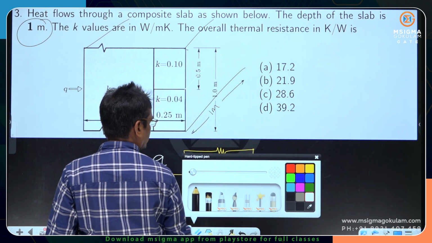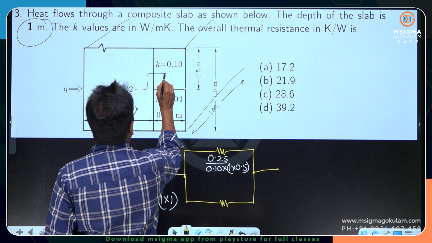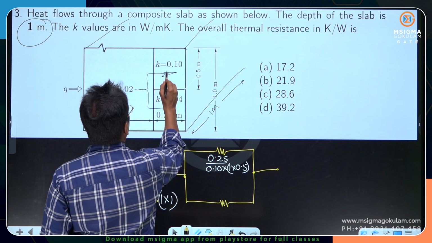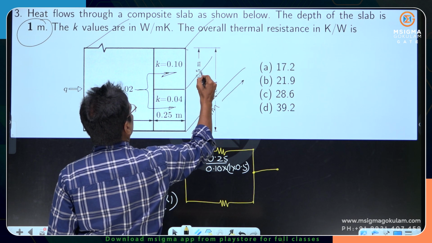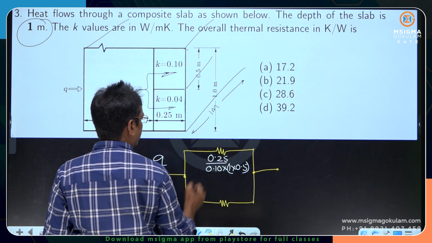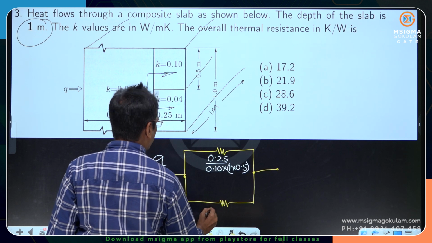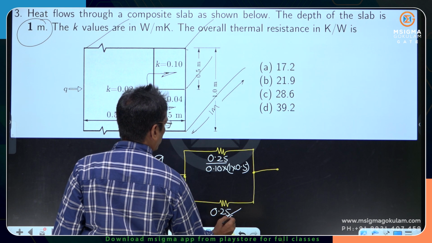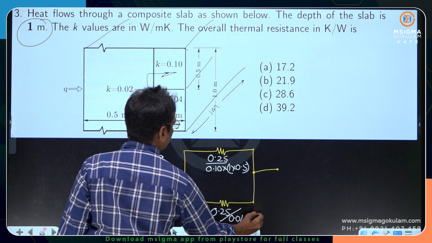See this, the current comes and current goes like this, parallelly. These two resistances are in parallel. So, what is the area perpendicular? This is 1 into 0.5, I have written that. Then this resistance will be 0.25 divided by K is 0.04, 1 into 0.5.